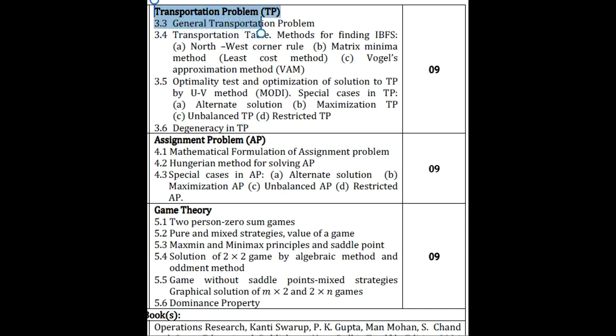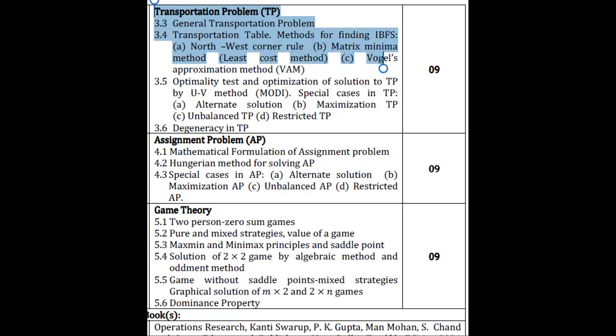General transportation problem. That means how to form a transportation problem, then transportation table, how to construct a table, methods of finding initial solution, initial basic feasible solution. There are different methods: north-west corner rule, matrix minima method, or least cost method.